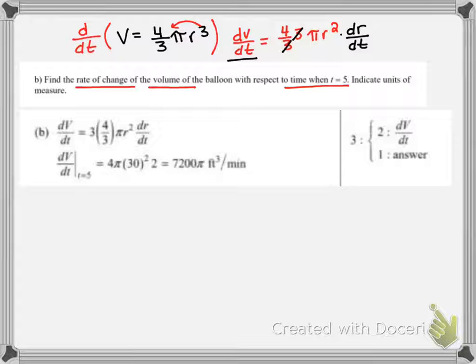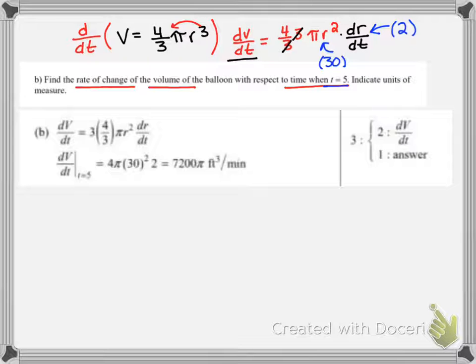Since they gave us the time they wanted, 5, then we know that the radius at 5 was 30 from part A, but we also know the rate of change of the radius with time was 2. We used that in part A too. It came right from our table.